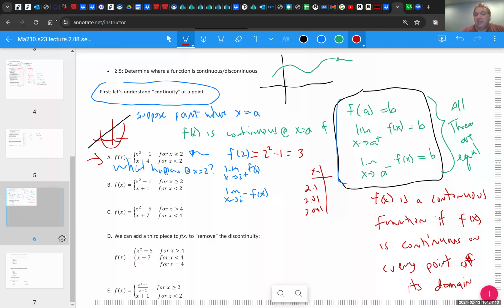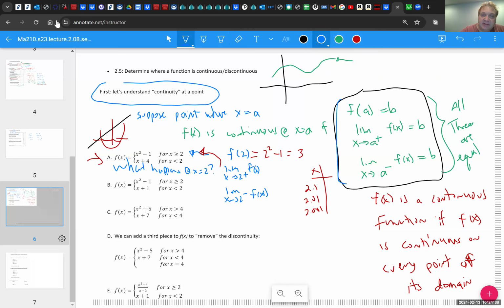So if I'm using numbers like this, which branch do I plug it into? Well, once again, it's the top branch because the top branch says numbers that are greater than or equal to 2. So I'm plugging in 2.1, 2.01, 2.001. Let me write the function so it's easier to see. I'm going to color code this, just so that visually it looks a little bit better.